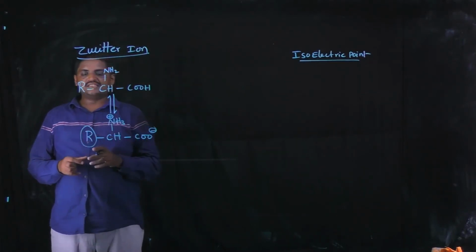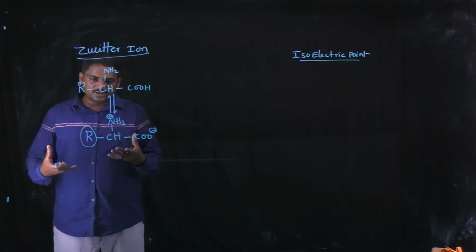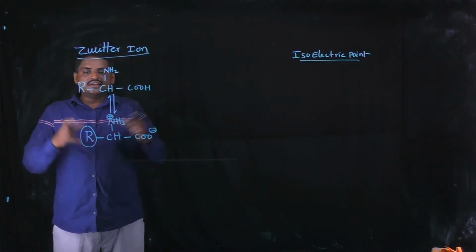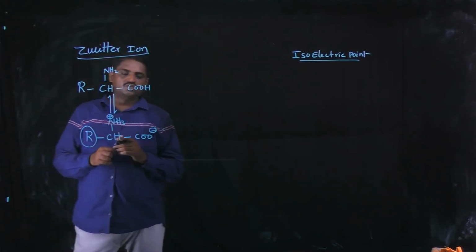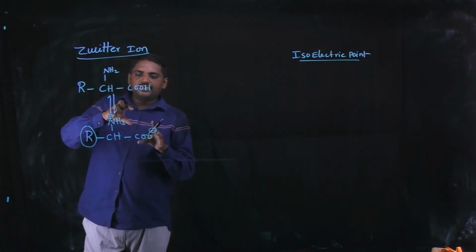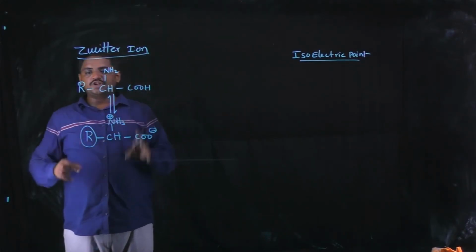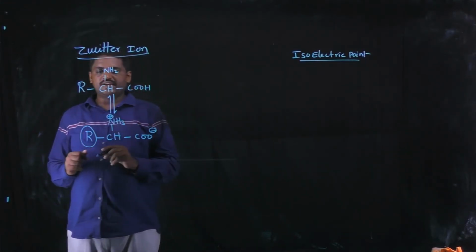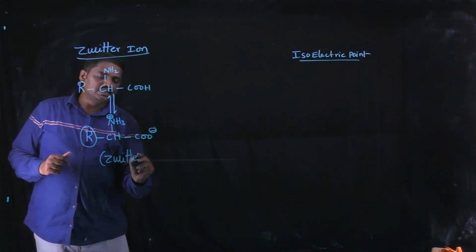This type of amino acid is known as a neutral amino acid, meaning the number of NH2 functional groups is equal to the number of carboxylic acid functional groups. The positively charged hydrogen ion migrates from the carboxylic acid to the NH2 functional group, giving R CH NH3 plus COO minus. This type of ion is known as a Zwitter ion.